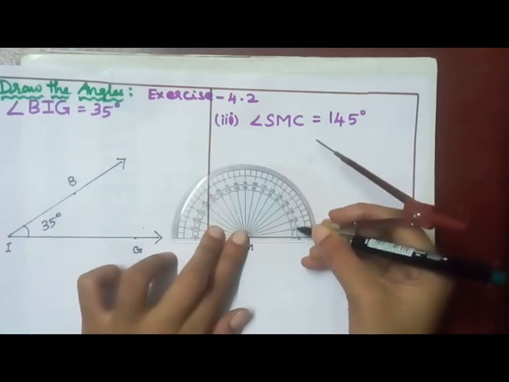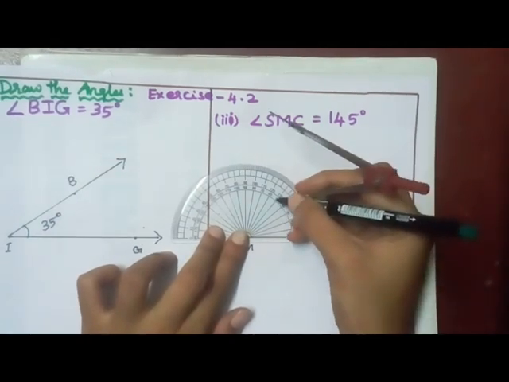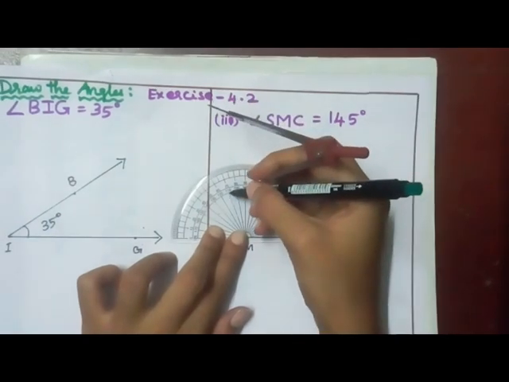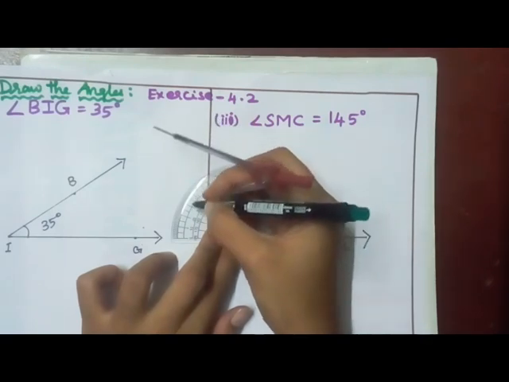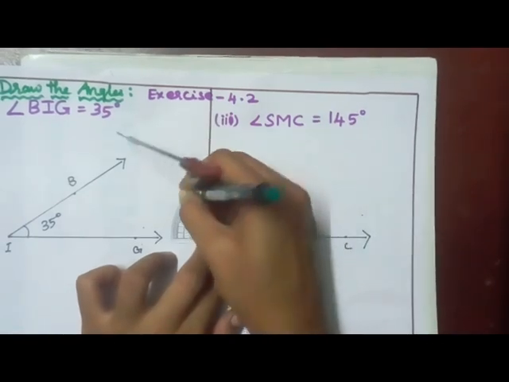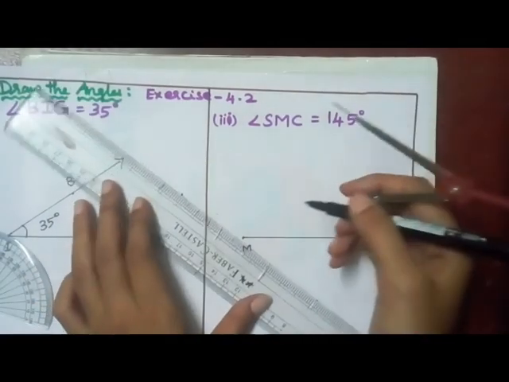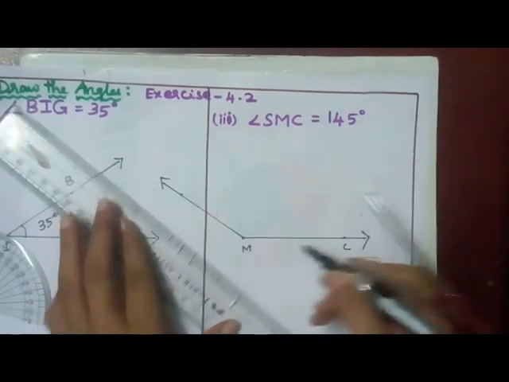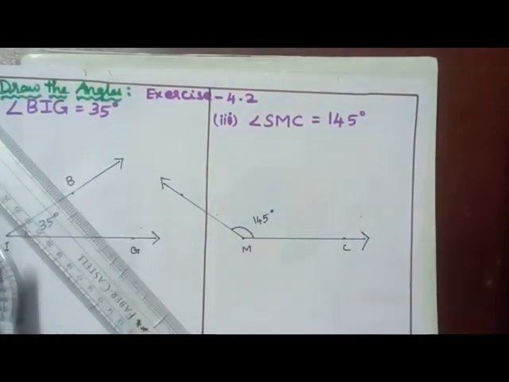Count 0, 10, 20 on the inner scale: 0, 10, 20, 30, 40, 50, 60, 70, 80, 90, 100, 110, 120, 130, 140 and 145 is here. So join these 2 points. So this angle is 145 degree. Is it clear?